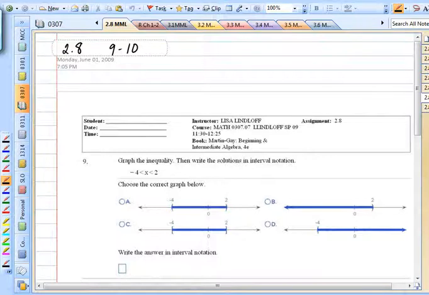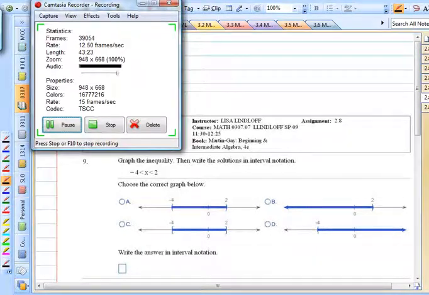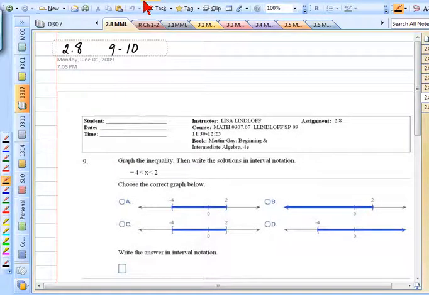I'm recording. Okay. The next part we're going to talk about has another kind of inequality, and it's called a compound inequality. Now, I have a name for it that is not the mathematical name, but it is the between notation.